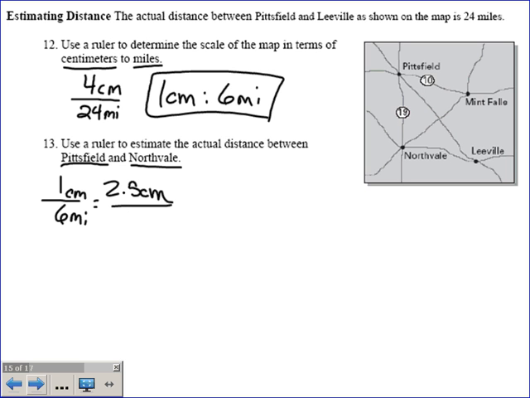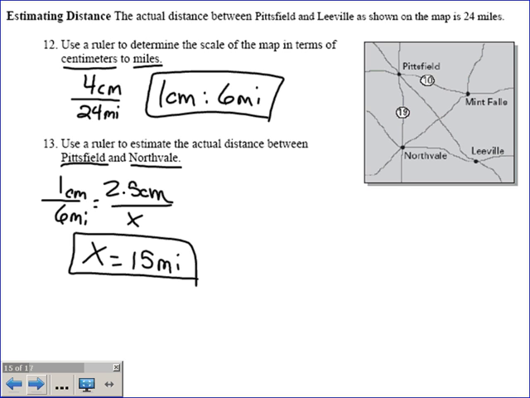What we just did, we have to use our x here. We cross multiply. 2 times 6 is 12 plus the 0.5. So that'd be 15 miles. Is that what you guys got? You guys are so smart. All right. Are we good so far? Is everybody okay with this?